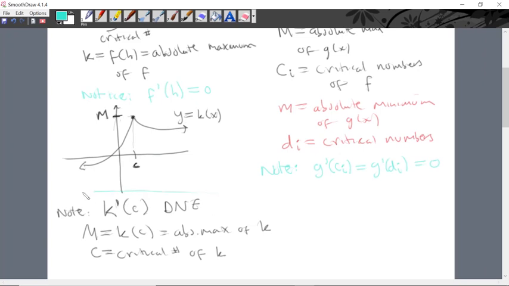I was using my sort of bluish color here. So notice when we're talking about critical numbers, there is a relationship here to the derivative. We'll investigate this a little further in this section, and we'll use it in future sections as well. The derivative can be associated with critical numbers, and so far we can see that we can locate critical numbers if the derivative is 0 or if the derivative doesn't exist.